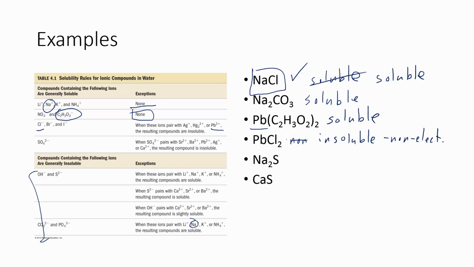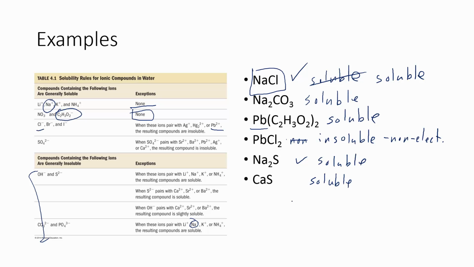Sodium sulfide. Well, sulfides tend to not be soluble, but when you mix them with sodium, yes, soluble. Calcium sulfide. Well, sulfides are generally insoluble. When sulfide pairs with calcium, strontium, or barium, the resulting compound is soluble, so that one's soluble too. Excellent.